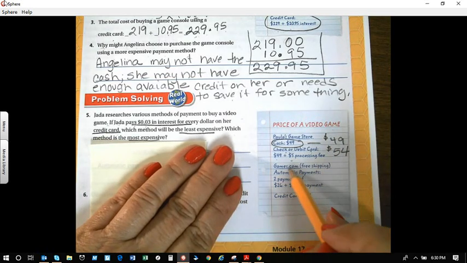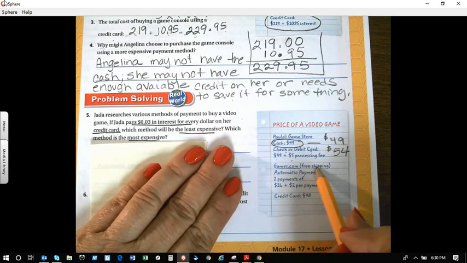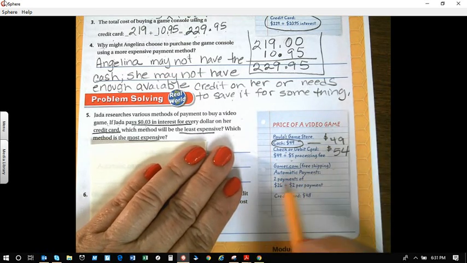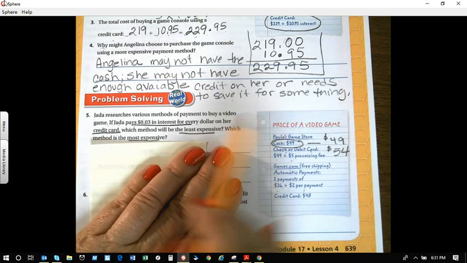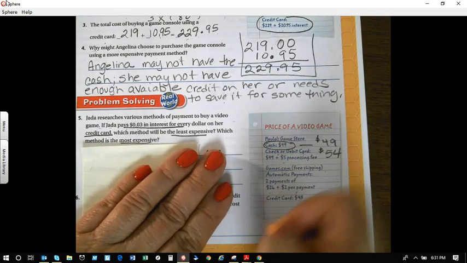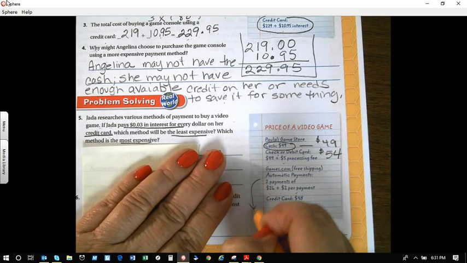Then here, games.com. So this is online. Free shipping, but you can get automatic payments. So you have this option, 2 payments of $26 plus $2. Same concept up here, right? The order of operations. I'm going to put it down here so that I can work out the problem.